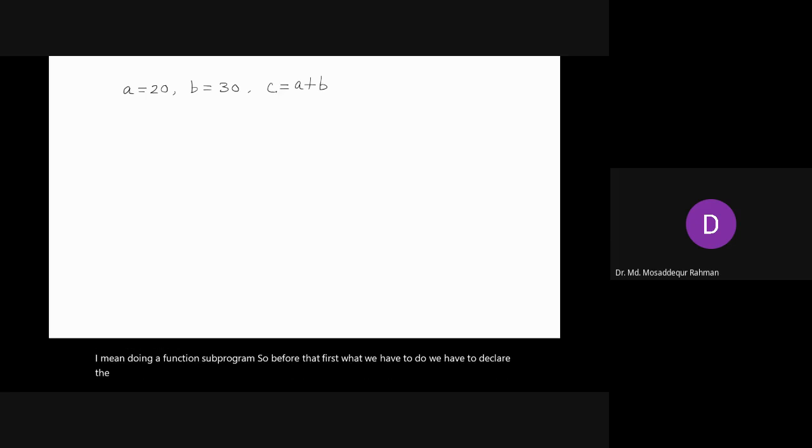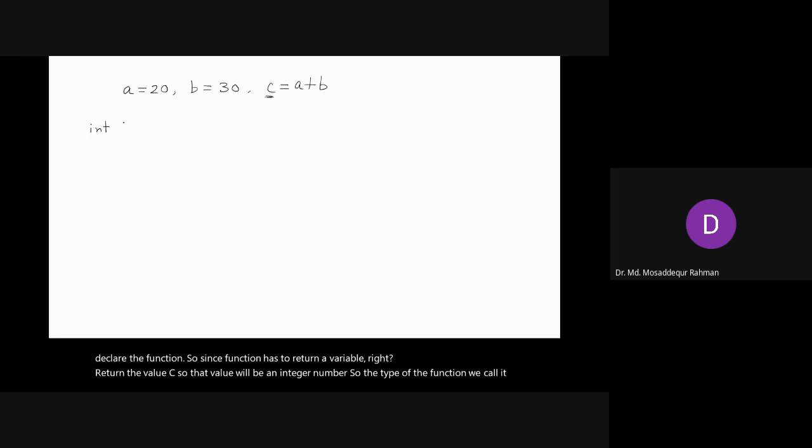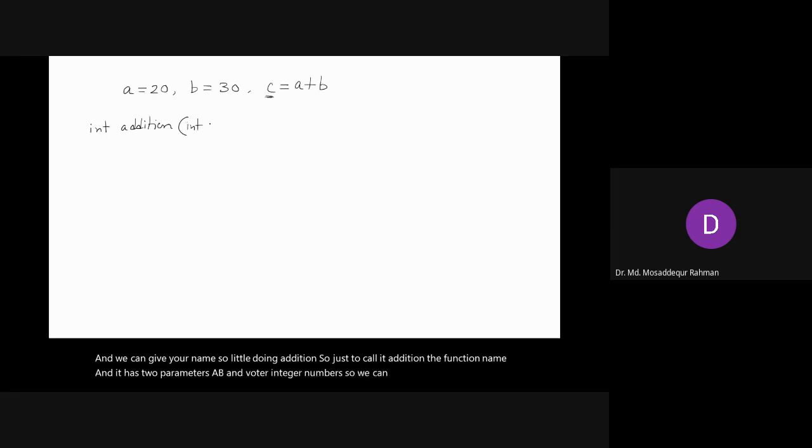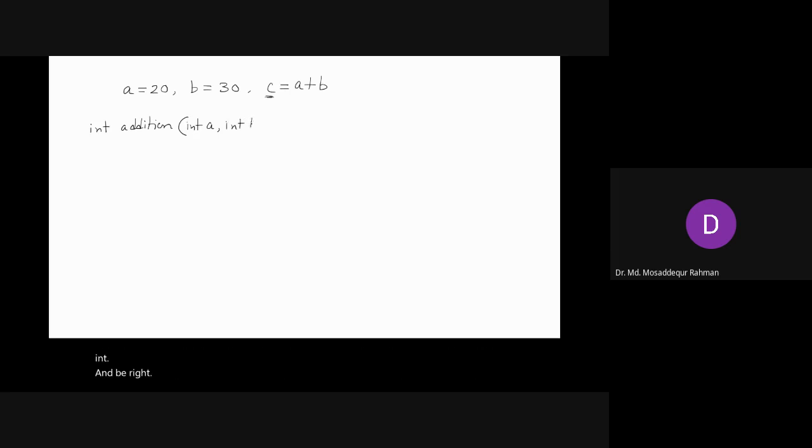Since the function has to return a value c, which will be an integer, the type of the function is int. We can give it a name, let's call it addition, and it has two parameters, a and b, both integers, so we declare int a and int b. This is our function declaration. We have declared the function.